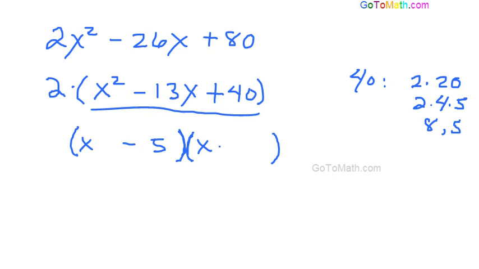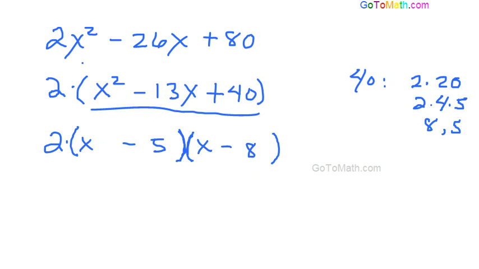Minus 5 minus 8. Okay, so we have negative 5 times negative 8 is positive 40. And then when we add them together, we get a negative 13. Right? Yeah. And then, of course, we have the 2 outside here.